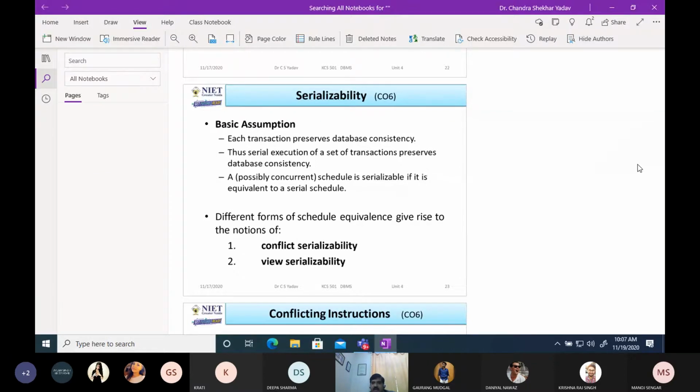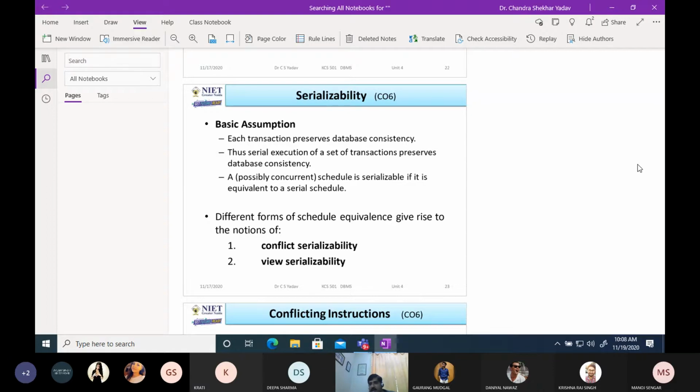Conflicting instructions: if Ii and Ij are instructions which belong to transactions Ti and Tj, and if they operate on different data items, then there is no conflict. If Ii and Ij perform read operations on the same data item, then also there is no conflict.